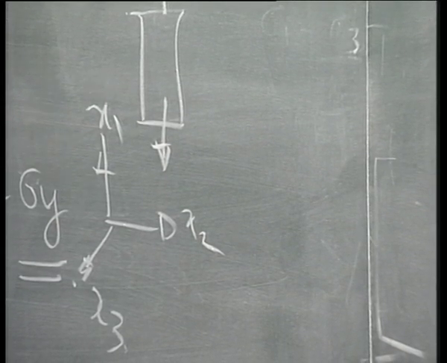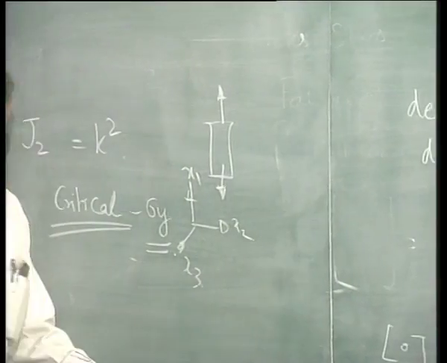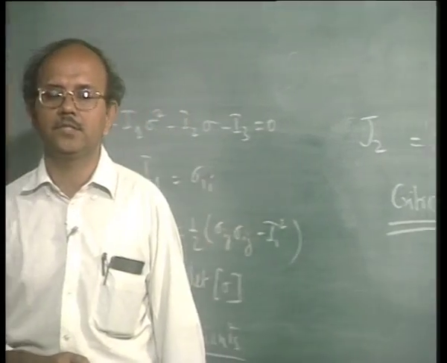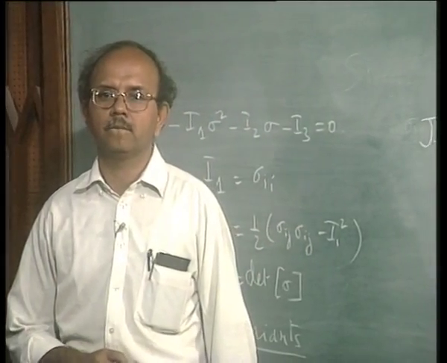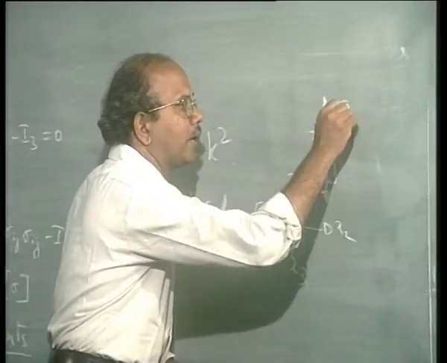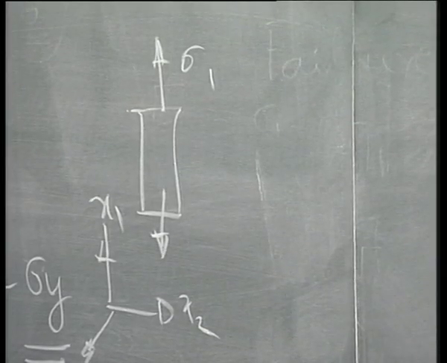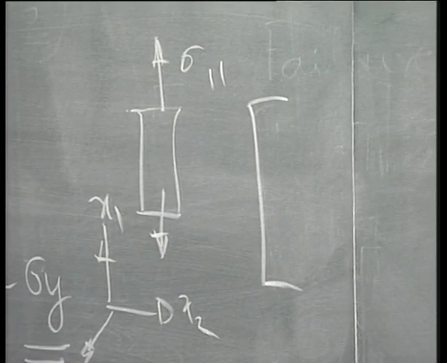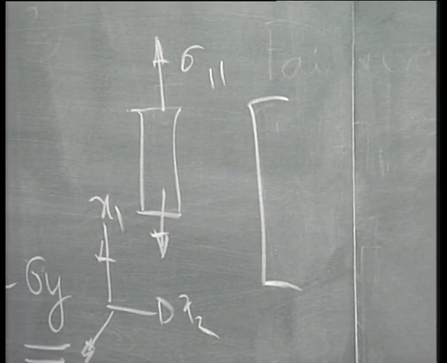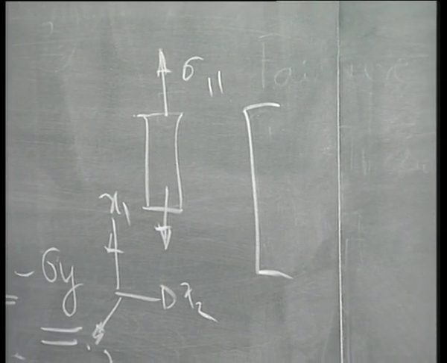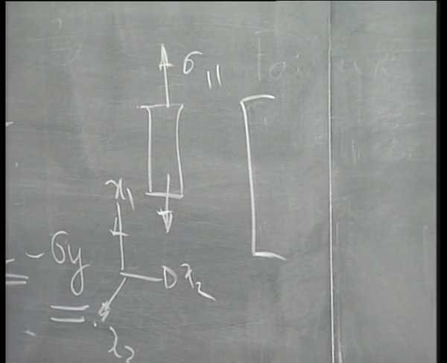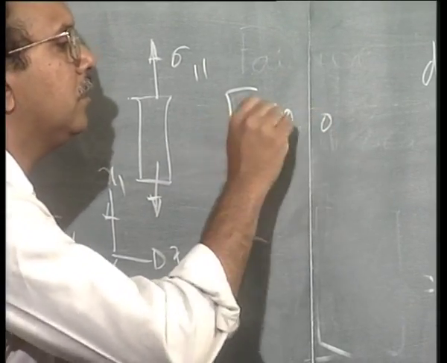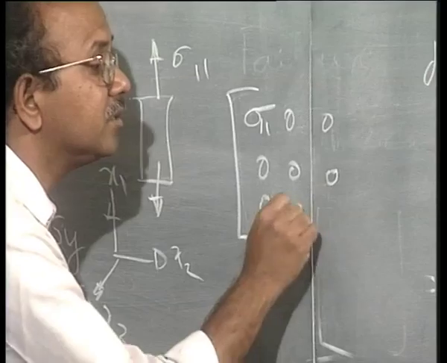How do I write the uniaxial stress tensor? Let me call this sigma 1. So it will just be sigma 1, 0, 0; 0, 0, 0; 0, 0, 0.